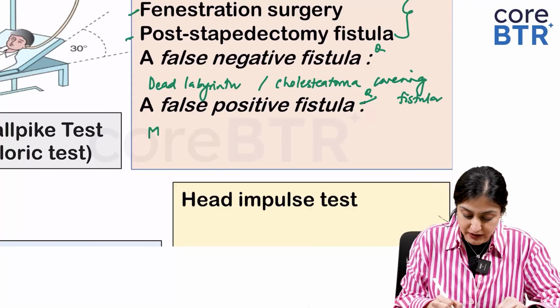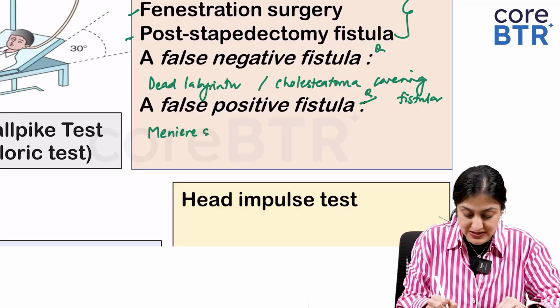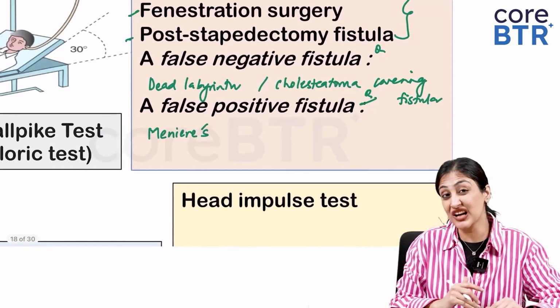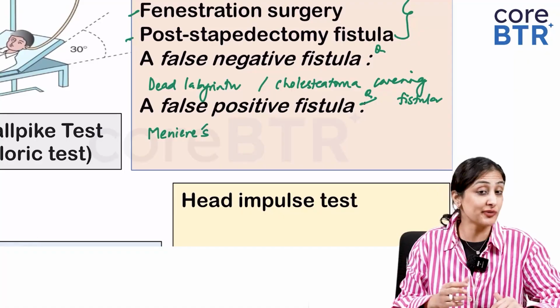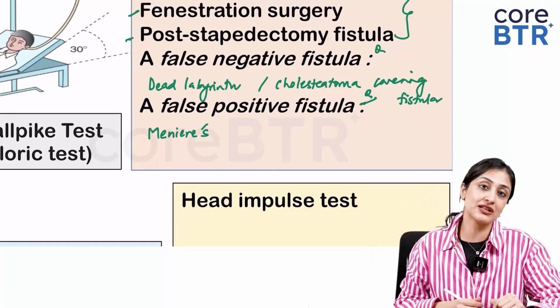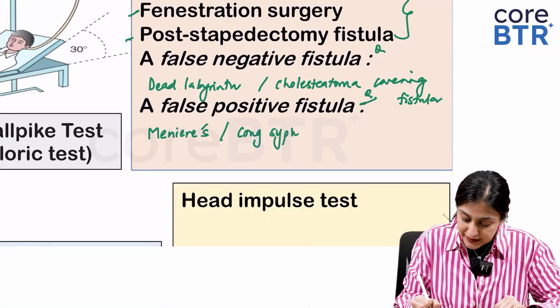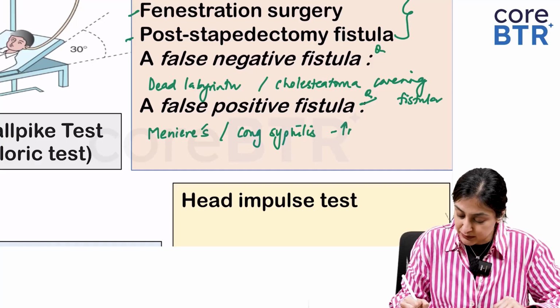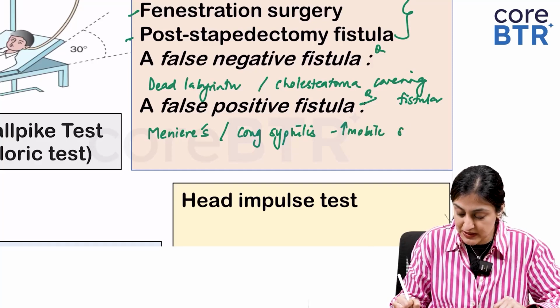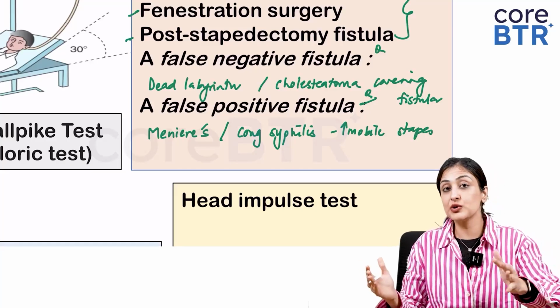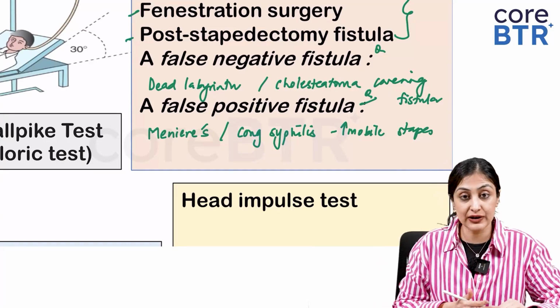On the other hand, false positive fistula means there's no fistula, still nystagmus happened. So one is Meniere's. Remember, they were having nystagmus and vertigo even on loud noises. Yeah, Tullio phenomenon. So obviously on Siegelization they'll have it. Or it could be congenital syphilis, where the stapes is hypermobile. So this hypermobile stapes will keep moving. It will open up the oval window and that can result in vertigo, right?